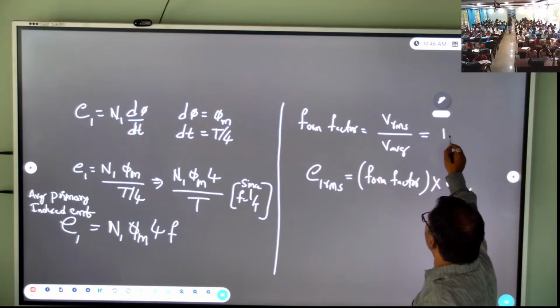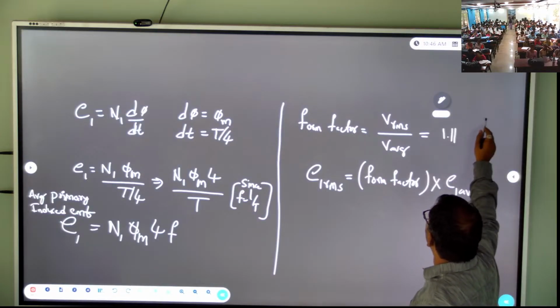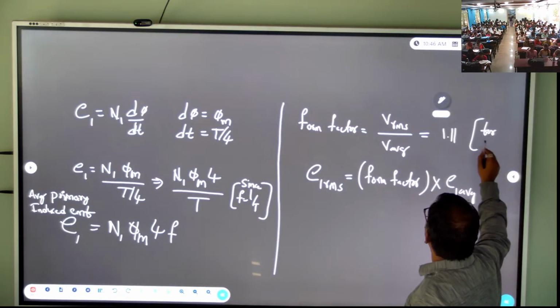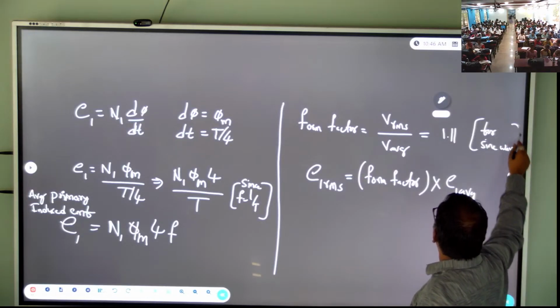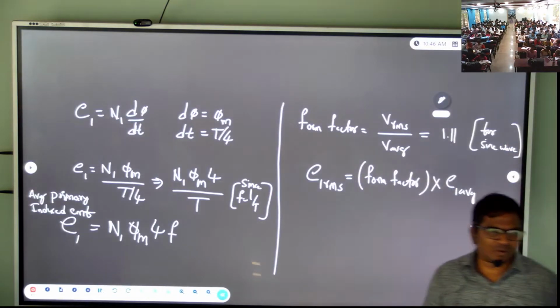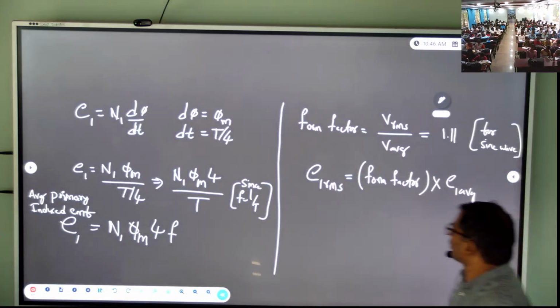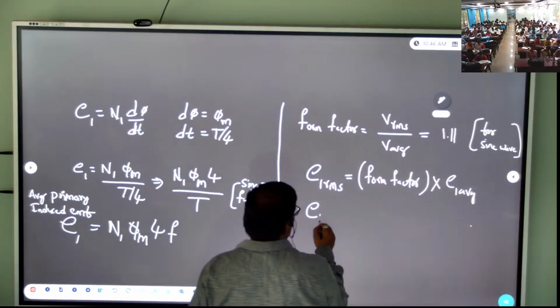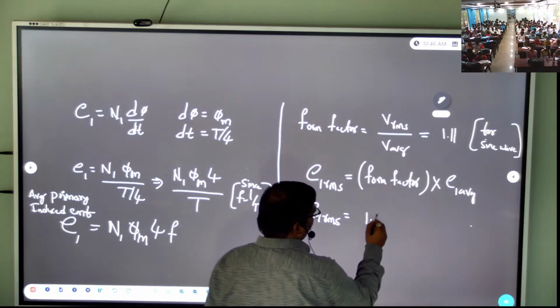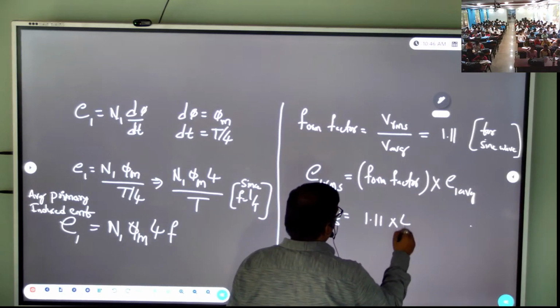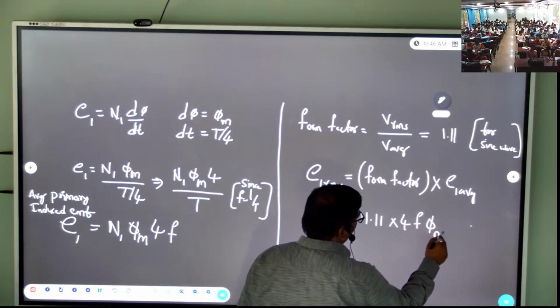For the sine wave, the value is 1.11. Now A1 RMS is equal to 1.11 into 4 into F into phi m into N1.